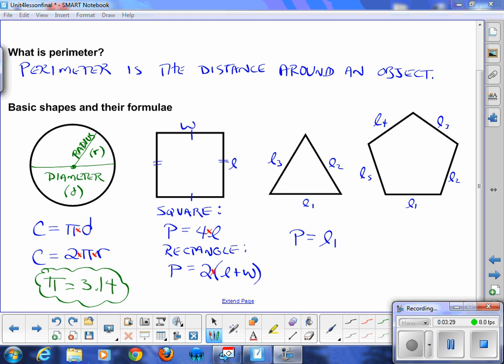So really all you can do is take the lengths and add them all up. It's just one of those things with the odd shapes. A couple of them have special formulas, like the circle, the square, the rectangle. If the triangle has all the same sides, then you can multiply by 3, but in general, that's what the approach is going to have to be.